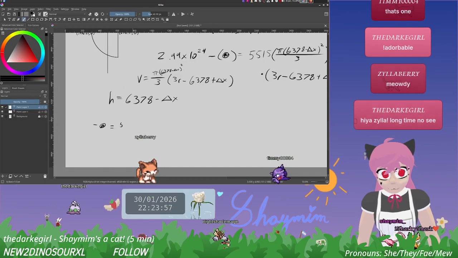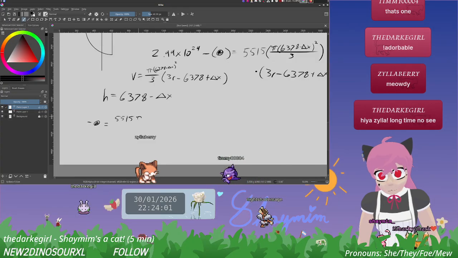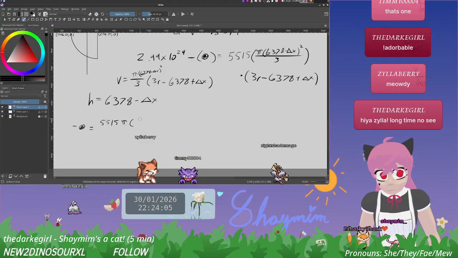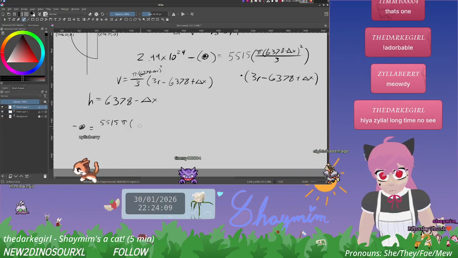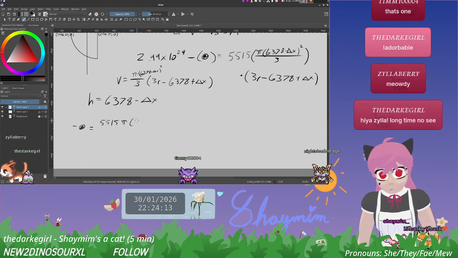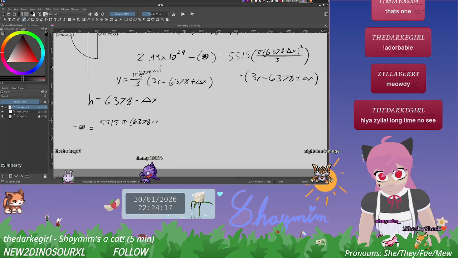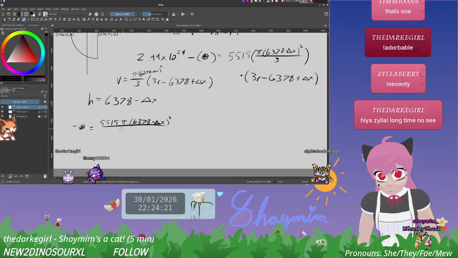Here, we'll simplify a little bit if we can. So 5515 pi times 6378 minus delta x squared over 3.